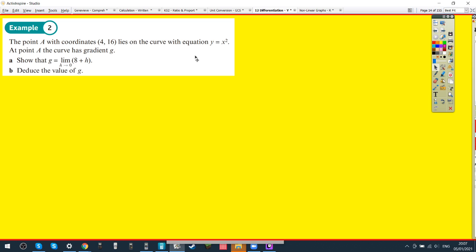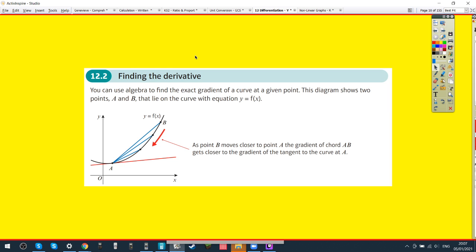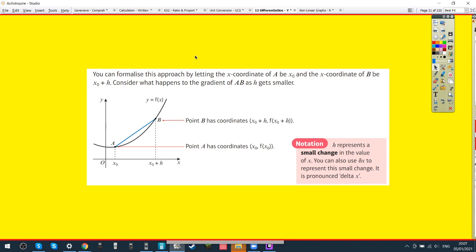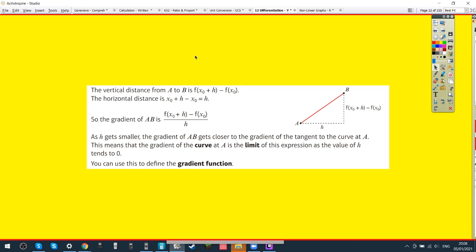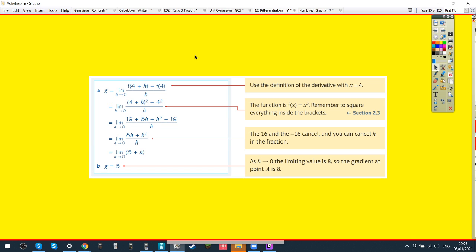Show that the limit of 8 plus h. I don't know. Find the derivative. So that's it algebraically. I don't know how to do it with part of it.